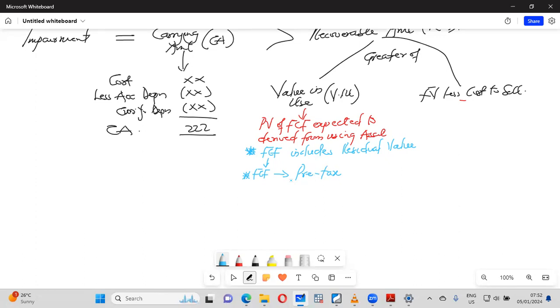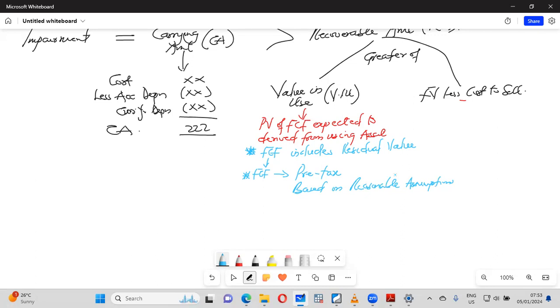And don't forget, these are cash flows that you have estimated to be deriving. And so the derivation of those cash flows must be based on reasonable assumptions. So check the question, because they can give you so many assumptions for the cash flow if the examiner wants to, and you have to use the ones that are based on the best and reasonable assumptions.